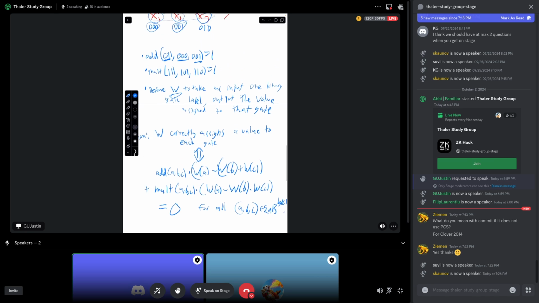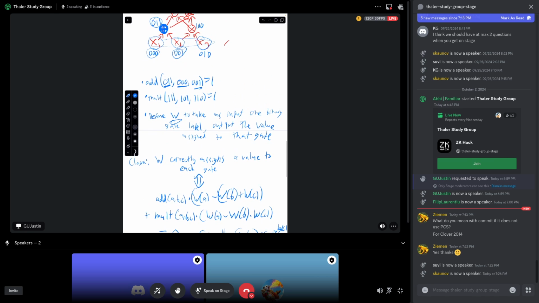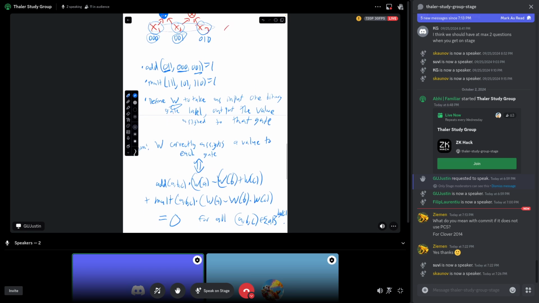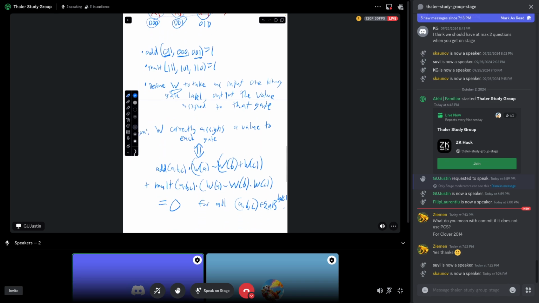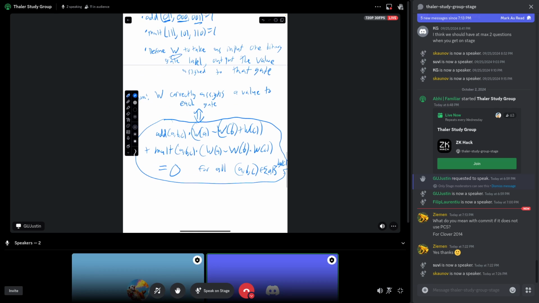This claim is not quite true merely because these constraints here do not make sure that the input equals X and the output gates equal Y.